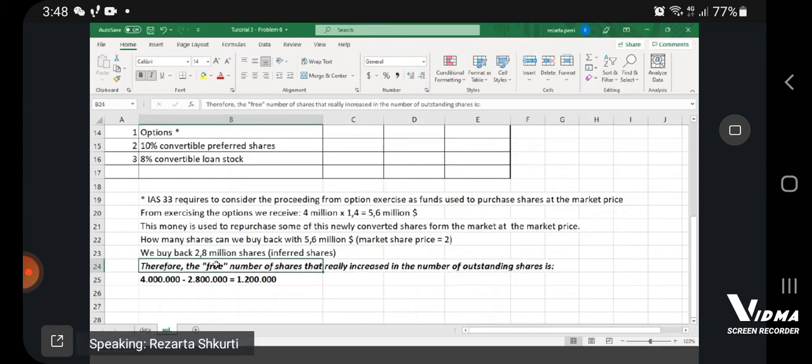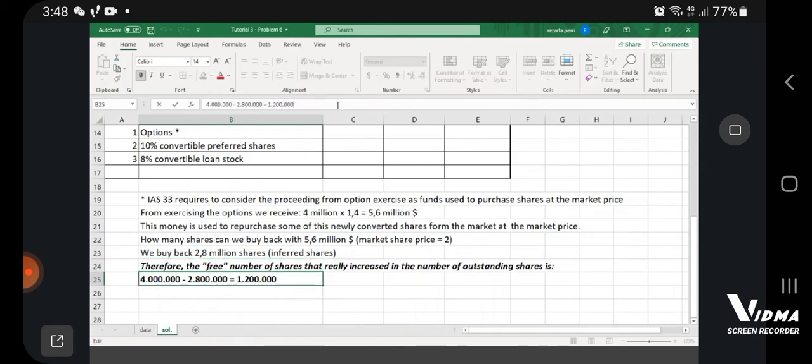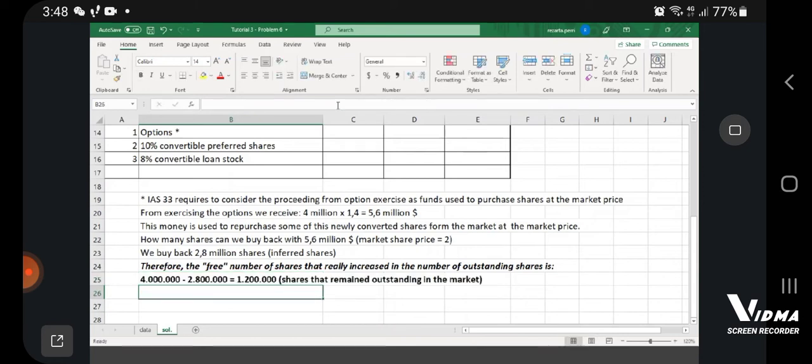So the free number of shares that really increased the number of outstanding shares is 1.2 million. That is the shares that remained outstanding in the market. Please let me know if this is not clear yet for some of you.